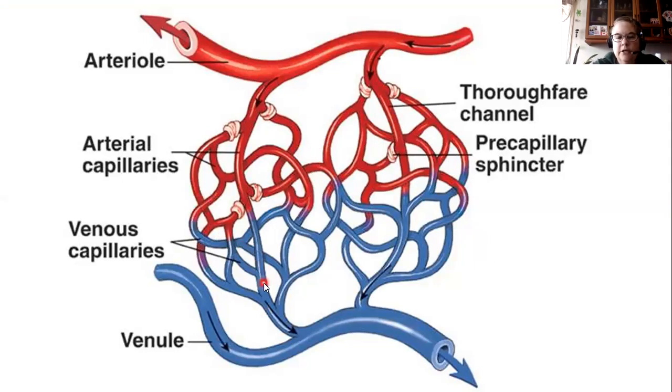The capillaries are going to merge into venules, which are eventually going to merge into veins. And then that blood's going to go back to the heart. So looking at the different colors we see here, would this be an example of a network in a pulmonary circuit or a systemic circuit? Excellent. So this is a systemic circuit.